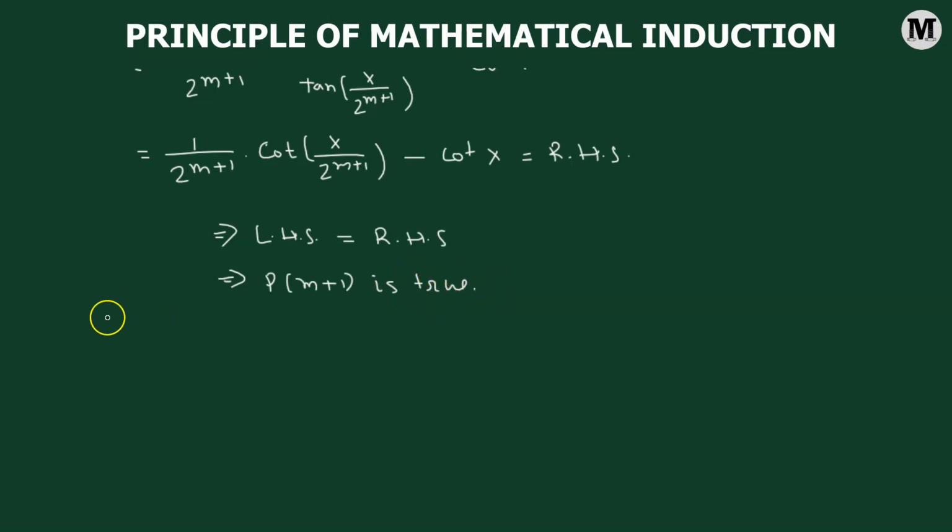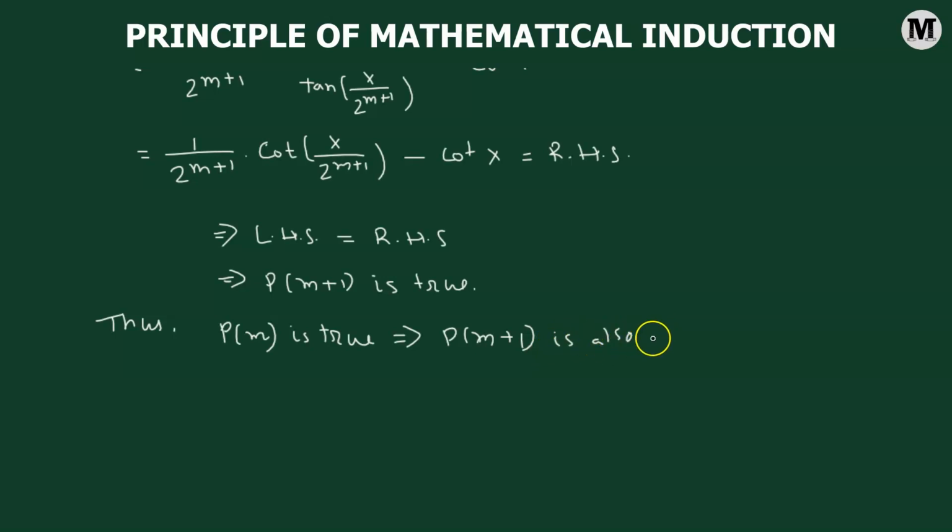And what we have done, so we started out by first considering that the statement P of m is a true statement, right? And with the help of this statement, we are able to show that P of m plus 1 is also a true statement.